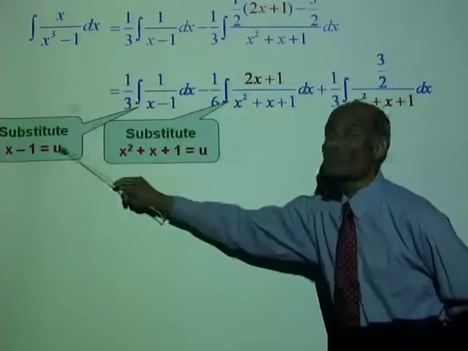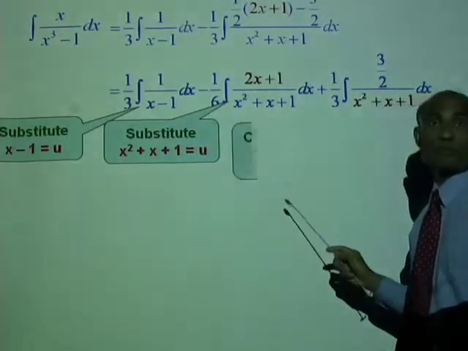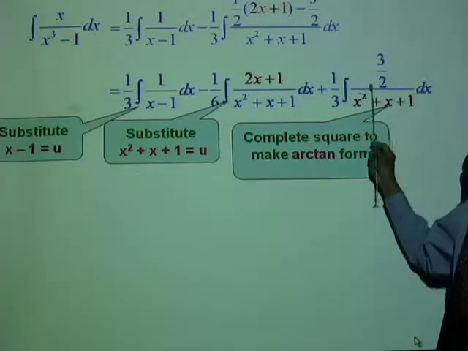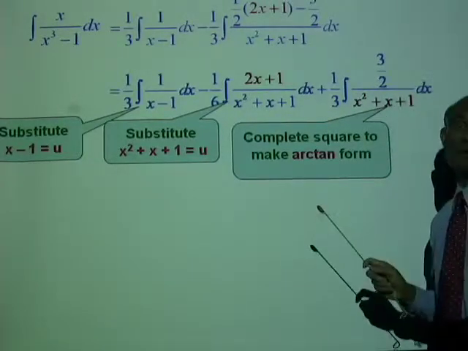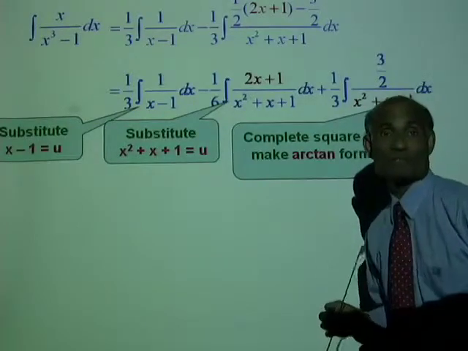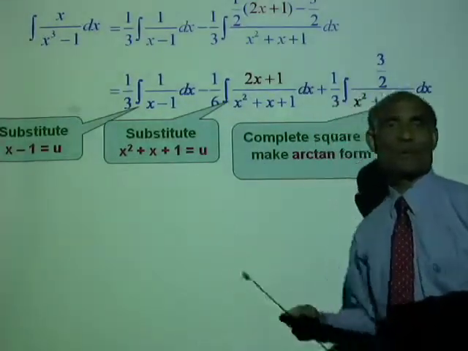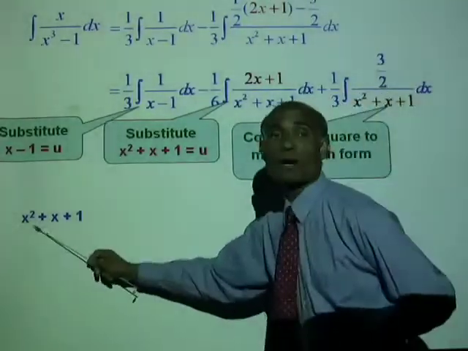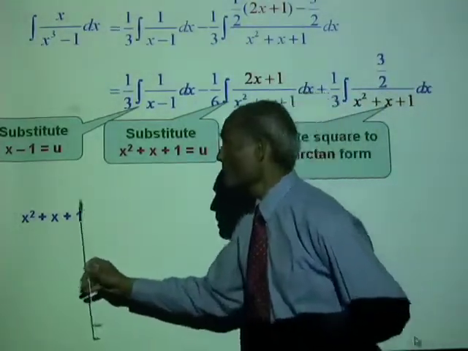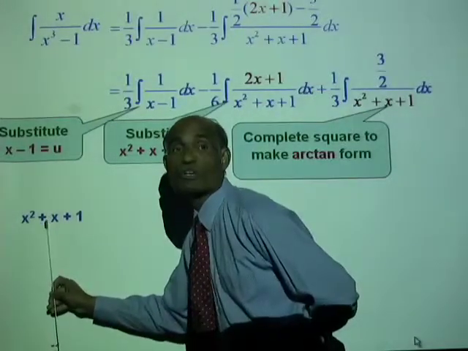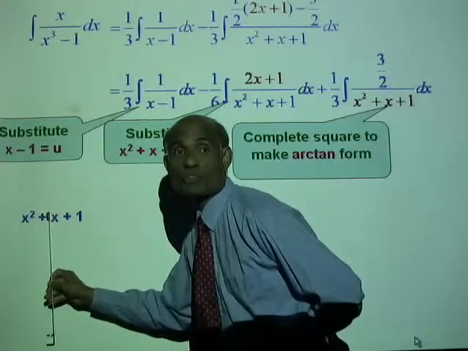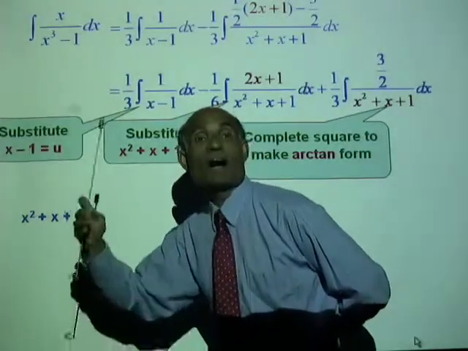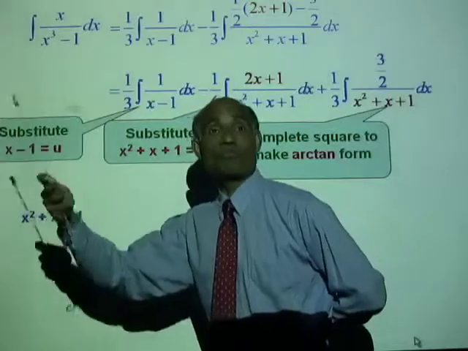So this is our first u, this is our second u, and what we need to do here is complete the square here. Well, you know how to complete the square, don't you? Now look at the number of skills involved in here. So let's complete the square. X squared plus x plus 1. In order to complete the square, what we need to do is take the coefficient of the middle term, that is 1, take half of that, that is 1/2, and square it, that is 1/4.